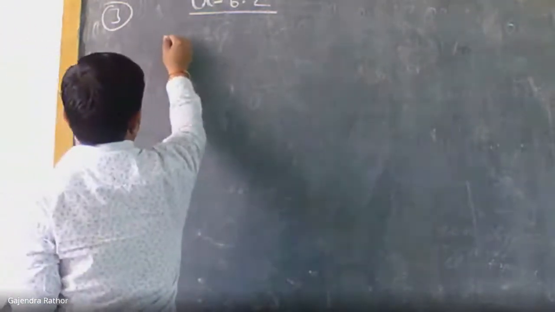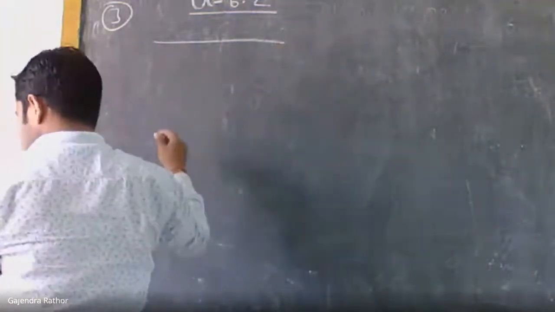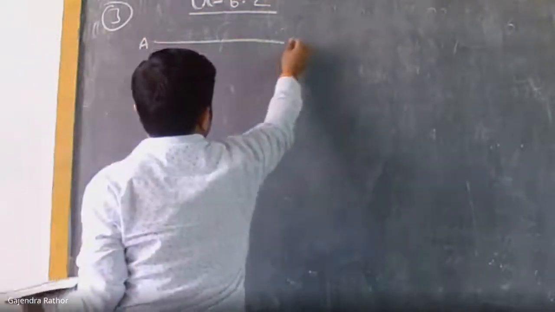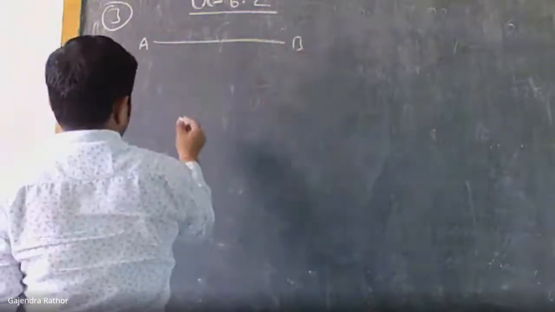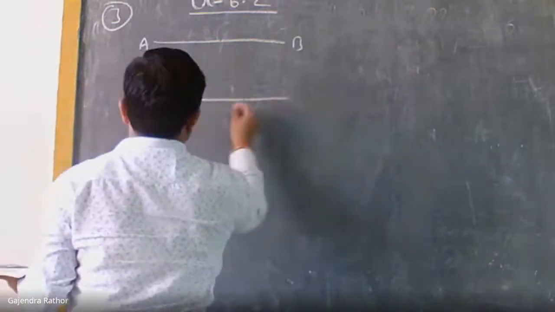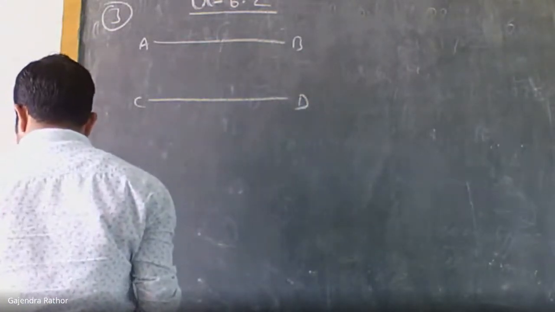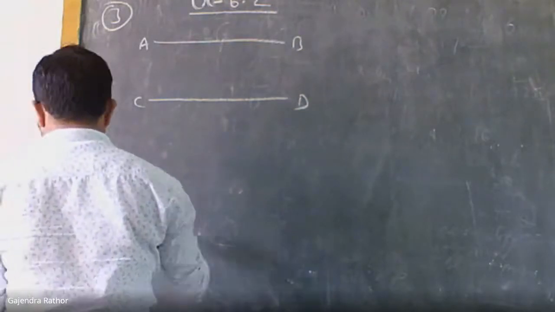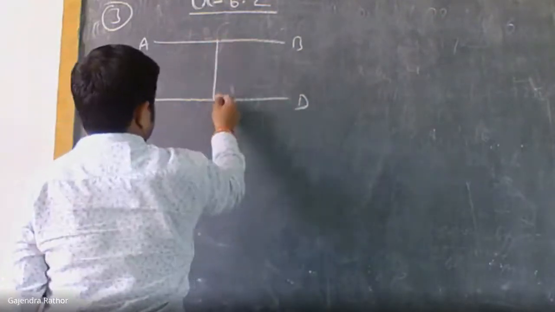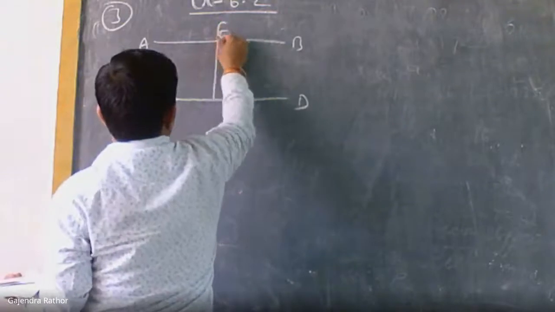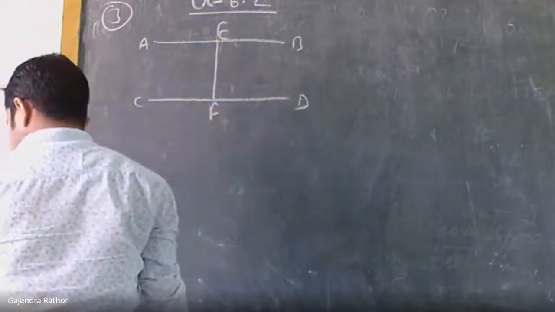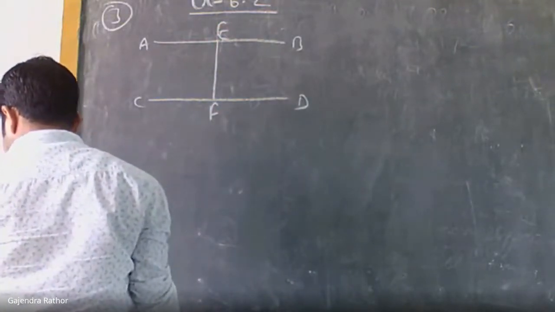There are two lines AB parallel to CD. This is the second line. EF perpendicular to CD. One perpendicular EF on CD and angle GED.